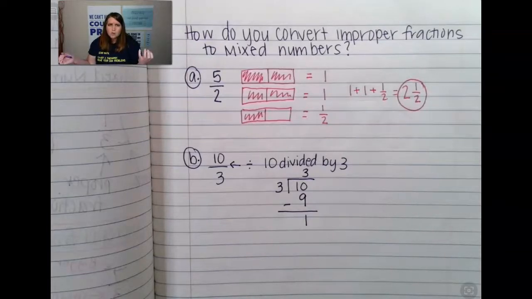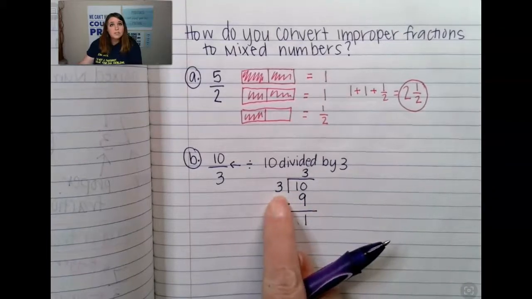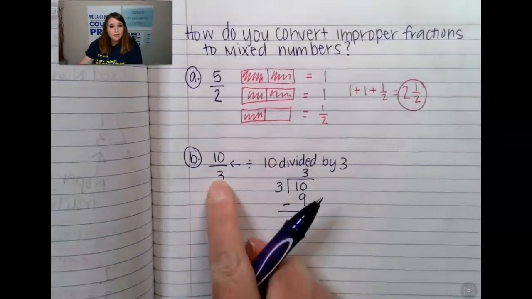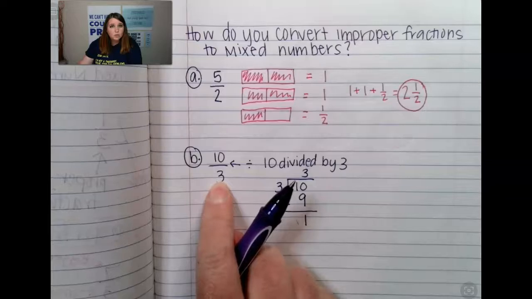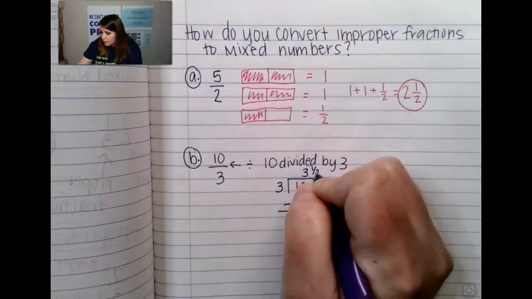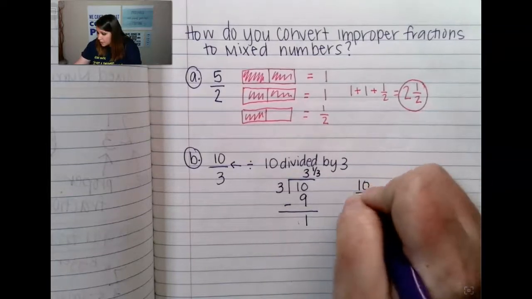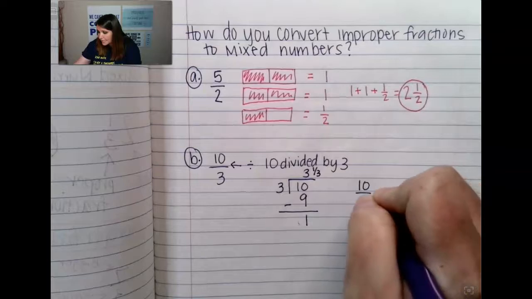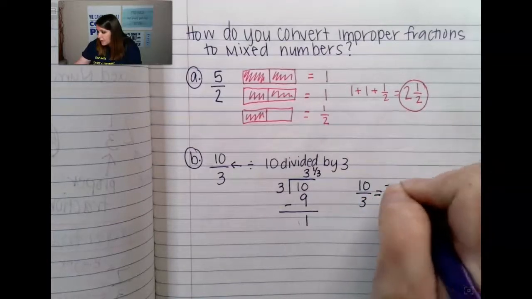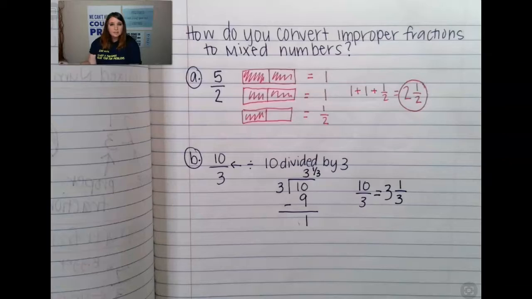We don't want to say R1. We're not pirates. So instead we're going to take this 1 and put it over this 3, because it was divided into thirds. So this is really saying 3 and 1/3. So the mixed number of 10/3 is the same as 3 and 1/3 because I did division.